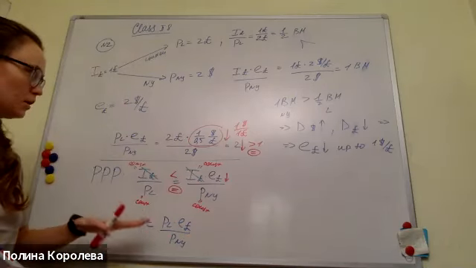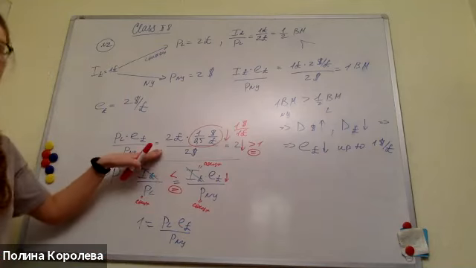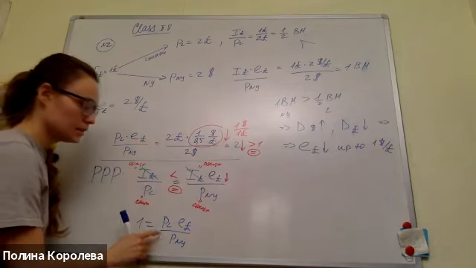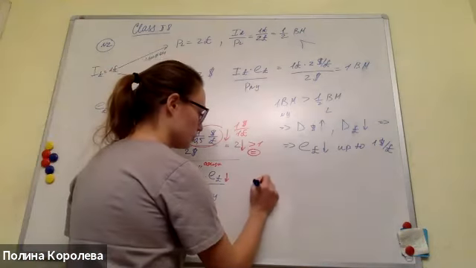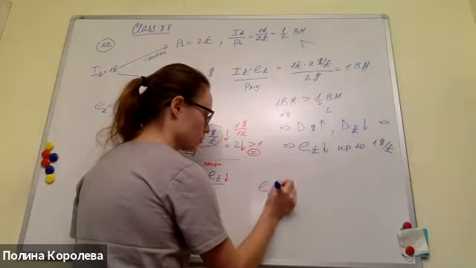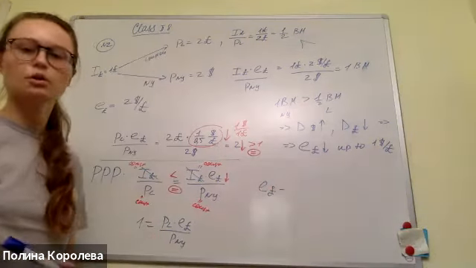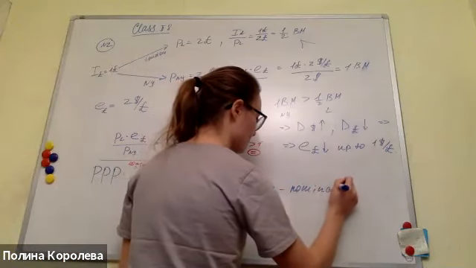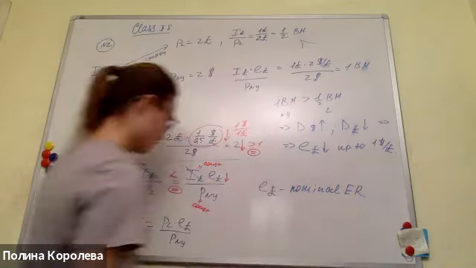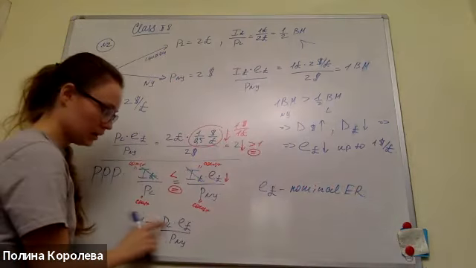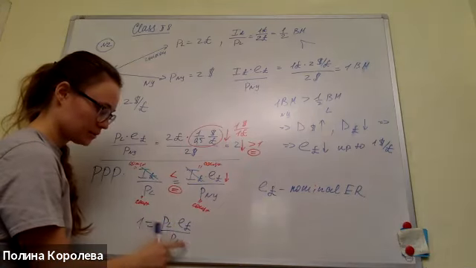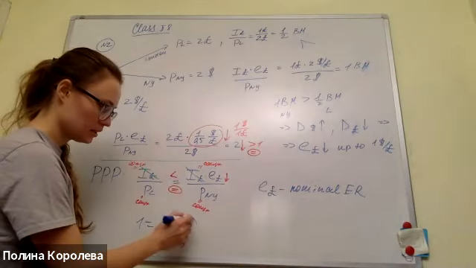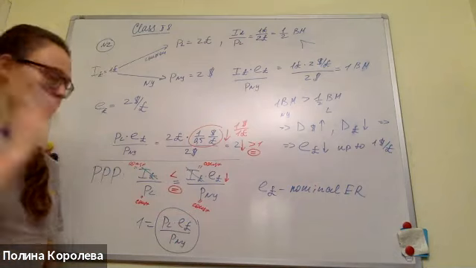So this is where we get this formula that Diane used. Okay, and when we speak about the exchange rate of the pound, we say that it is the nominal exchange rate. But if we multiply by the price in our country and divide by the price in a foreign country, this is how we call it.